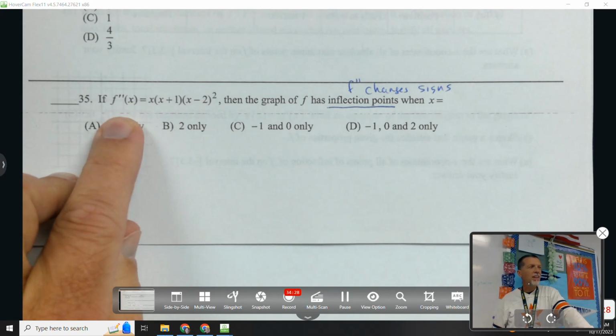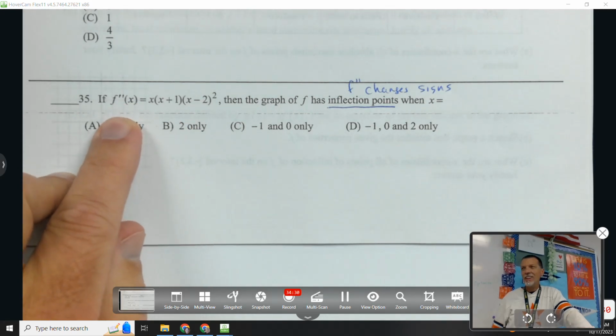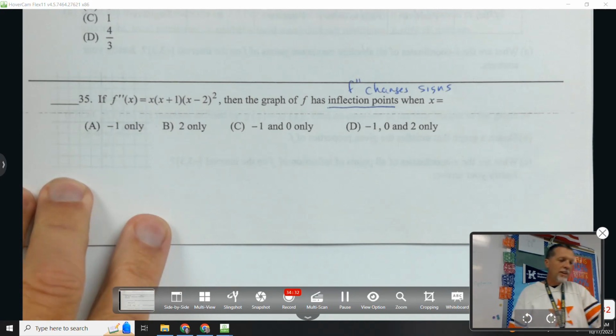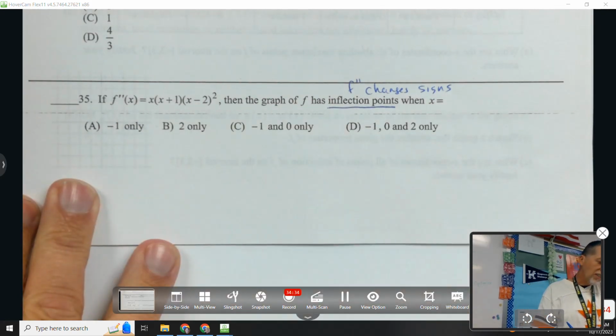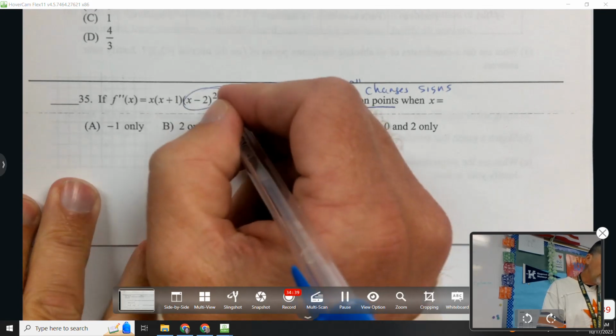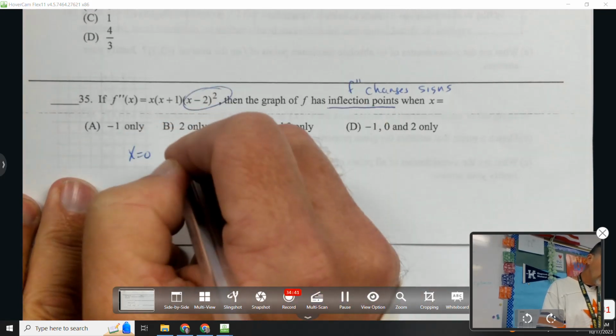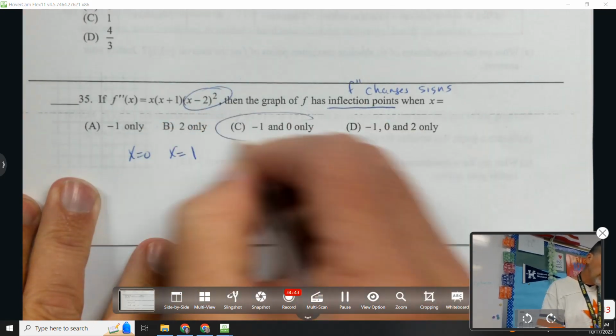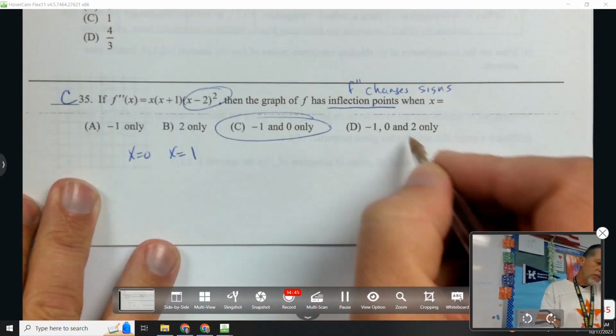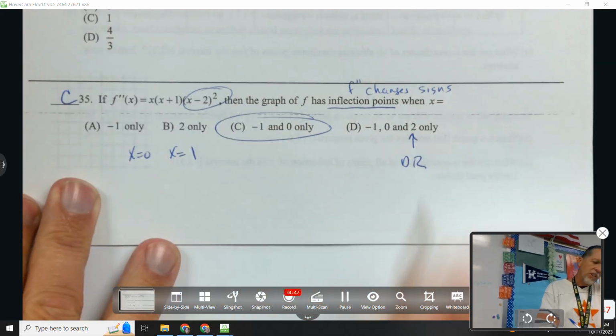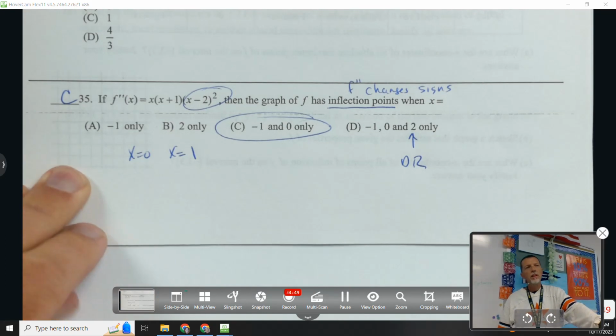What did they give me? The second derivative. Like, they did the hard work for me. Now I need to think about where this thing changes signs. There's a double root, so no change there. So 0 and negative 1. Because 2 is a double root, so it wouldn't change across that one. That was a quick one.